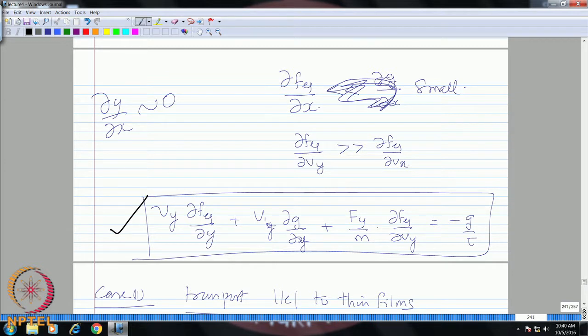So, we have both F equilibrium as well as G, both of them in the direction where the transport is.